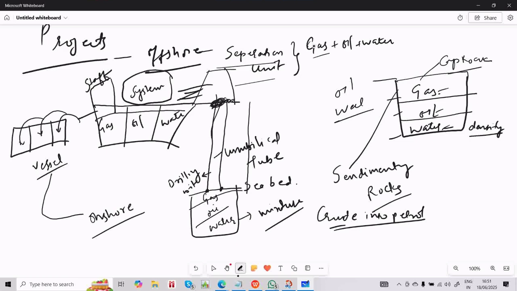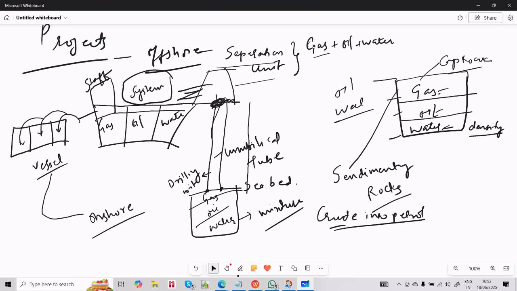Basically extract the natural gas or oil, natural resources. From there, we are sending to the separation unit through flow lines. There we separate the oil, gas, and water. That separated gas, oil, and water are stored in separate storage tanks.